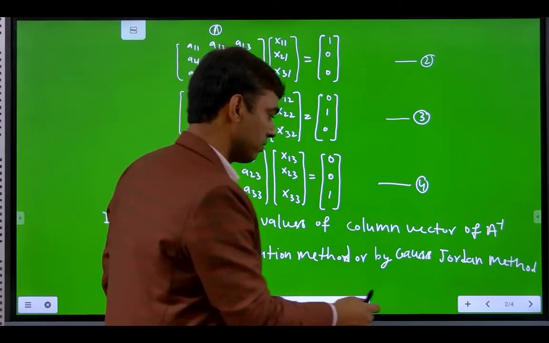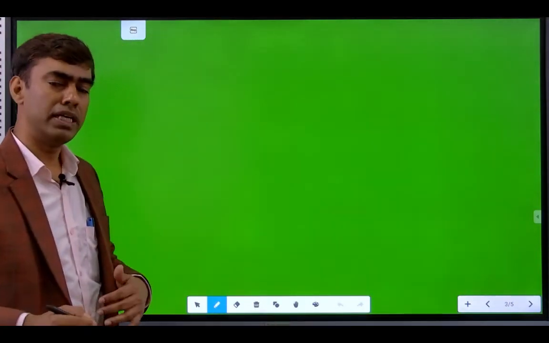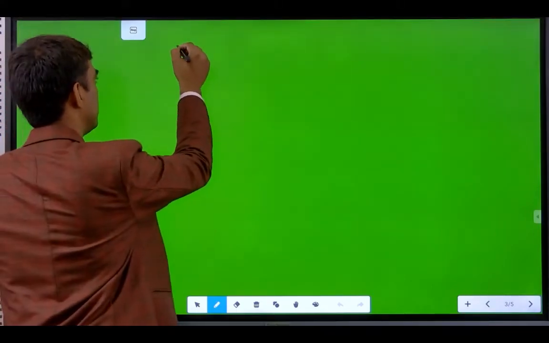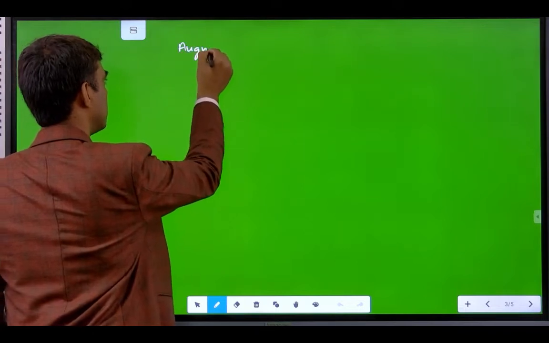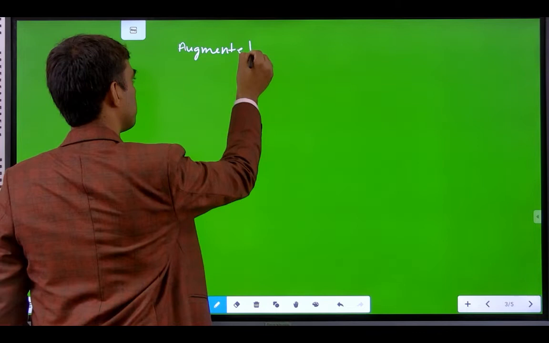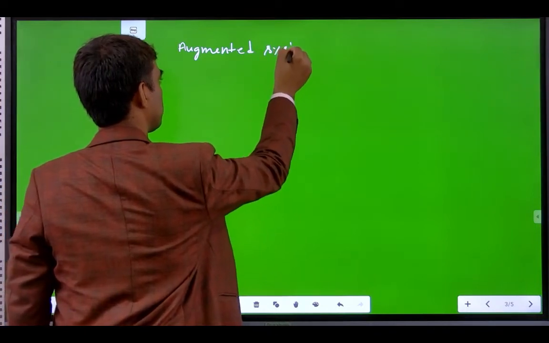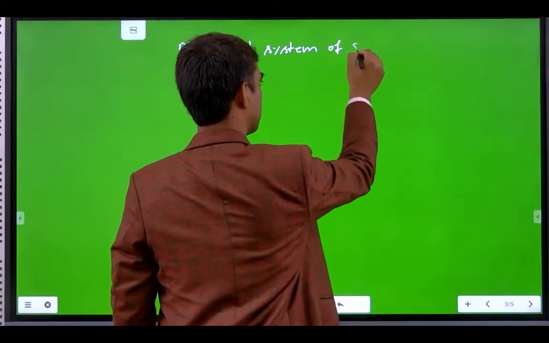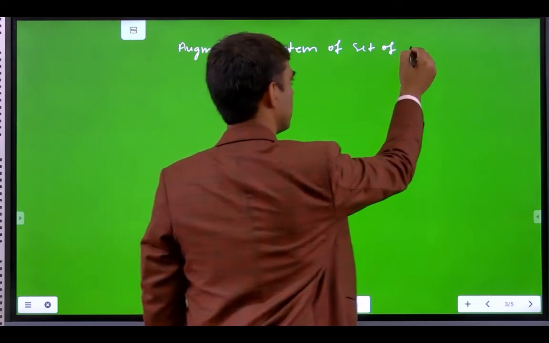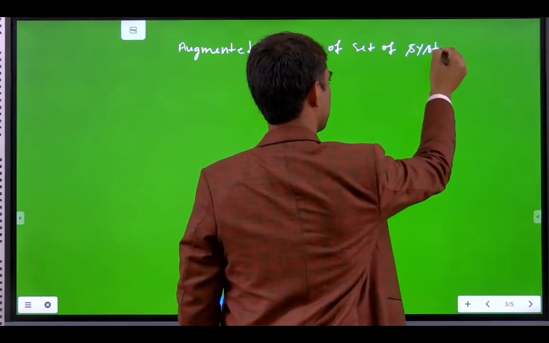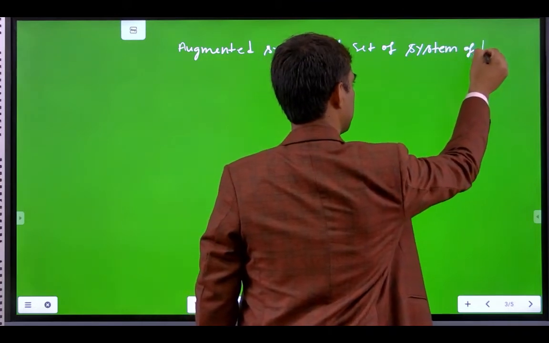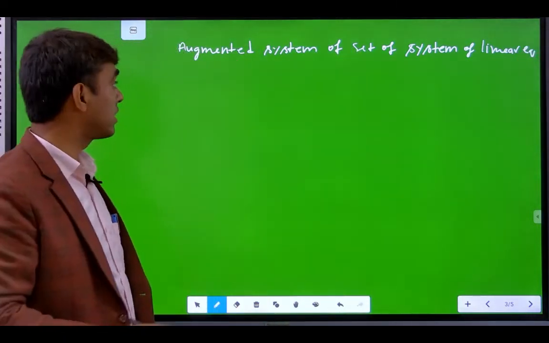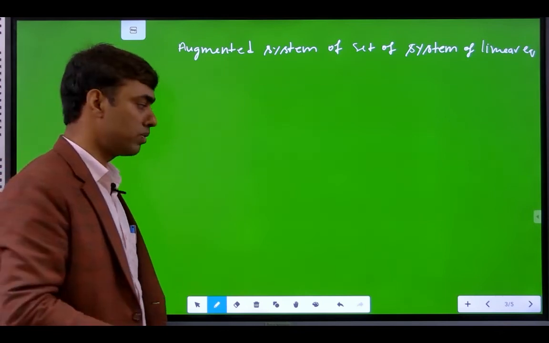For this, first of all we write the augmented system. Rather than an augmented matrix, here we write an augmented system of a set of systems of linear equations. How do we write an augmented system rather than an augmented matrix?